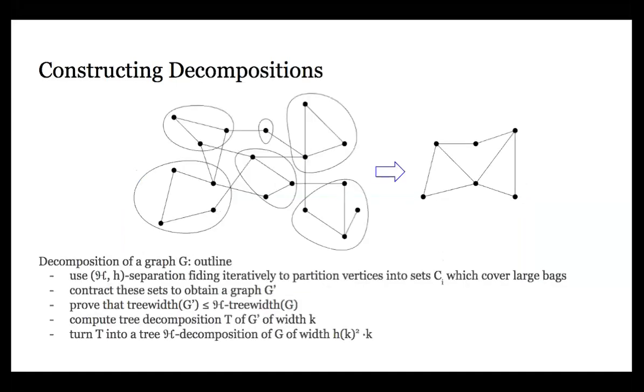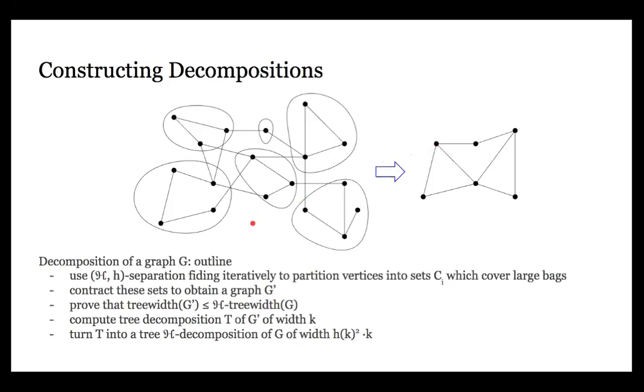So now I will quickly say what's the link between separation finding and constructing the decompositions. So the outline for decomposing a graph of finding a 3H decomposition is as follows.